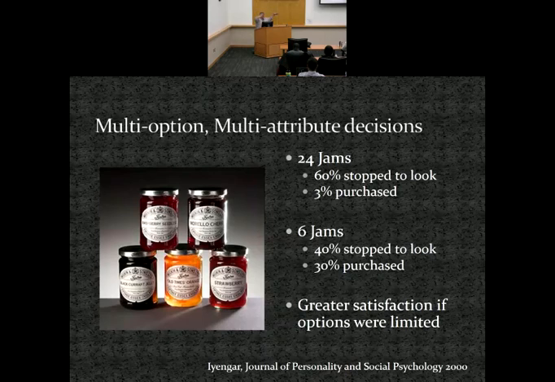And on some days, she would put 24 jars of jam out with different flavors. And on other days, she'd put 6 jars of jam out. And on the days where there were 24 jars of jams, 60% of people stopped to look, but only about 3% of people actually bought one. And on the days where there were only 6 jams, fewer people stopped to look because it wasn't this beautiful rainbow of jam, but more people actually chose a jam and bought one. And people were more satisfied when the options were limited.